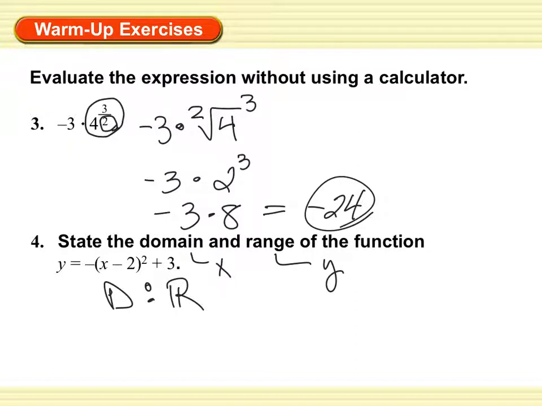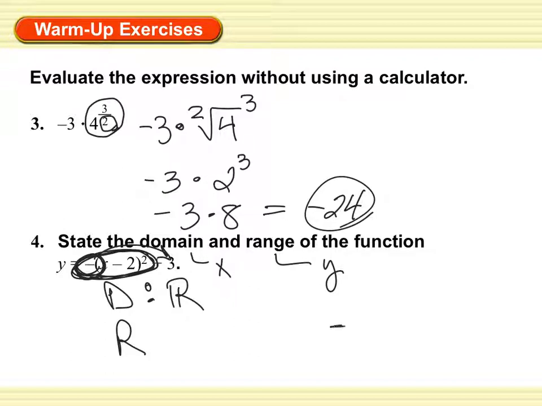But what's crazy is our range. If I look at this right here, no matter what I put in for my x value, I'm going to have a negative there. And then I'm going to add 3 to it. So the biggest this could be right here would be 0, and then it's going to go negative.